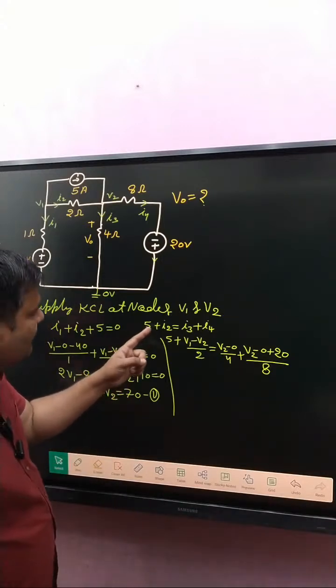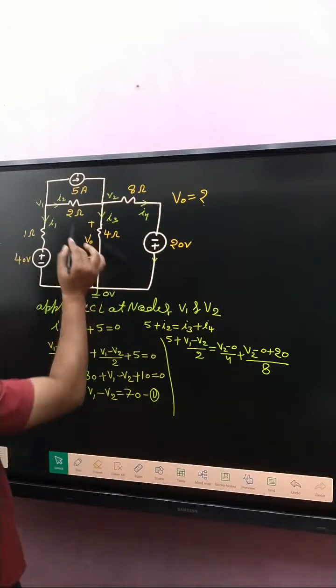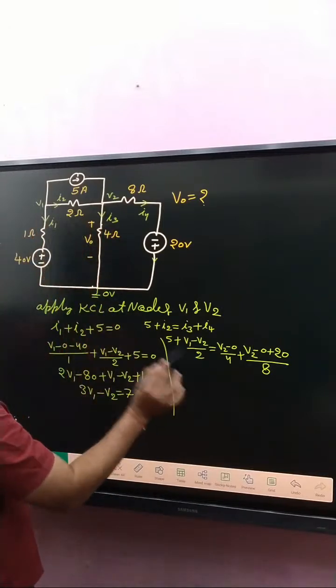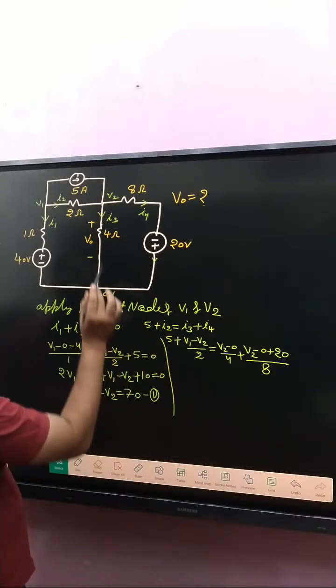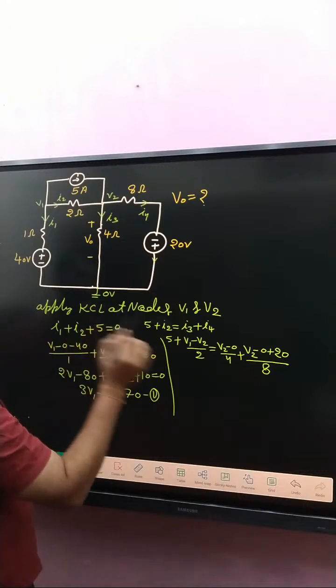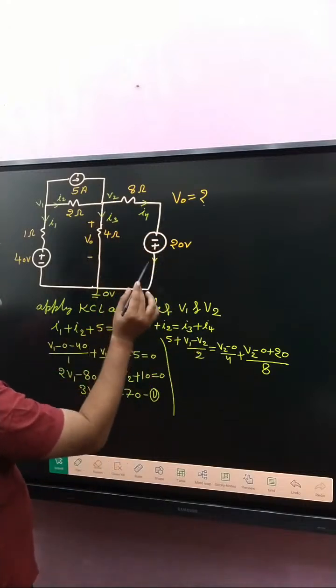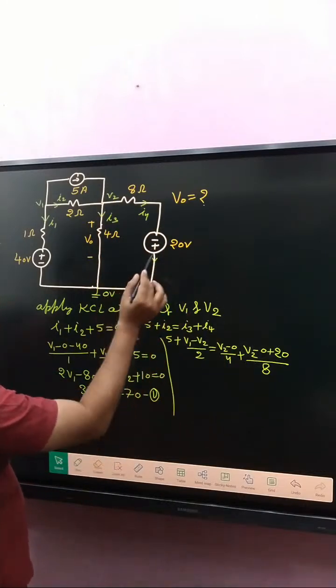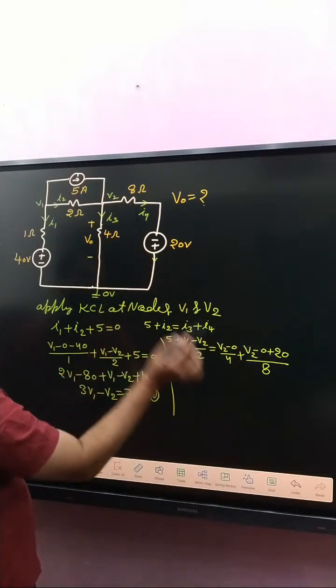Now look, I2 is how much? V1 minus V2 divided by 2. And I3 is how much? V2 minus 0 divided by 4. And that one, V2 minus 0, current from the positive 20, so plus, divided by 8.